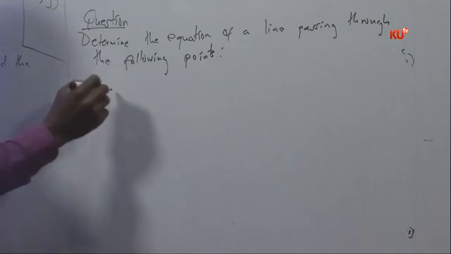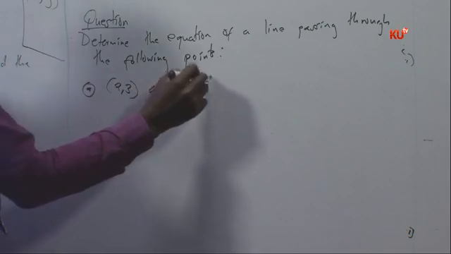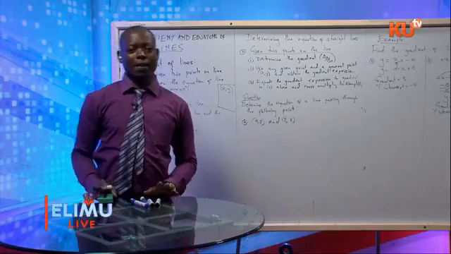And the first set of points is 2, 3, and 5, 8. So those are the 2 points on the line.